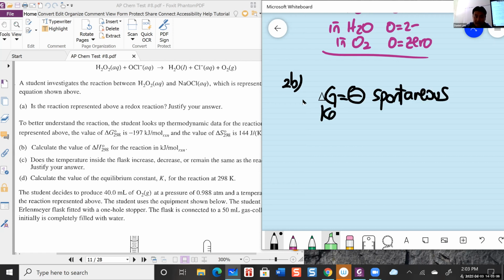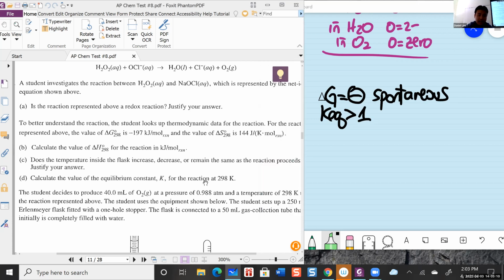And equilibrium constant must be greater than 1, products favored. They always go together. And you also look at this one, delta S is positive, more disorder. And that makes sense because if you look at your reactant, there's 0 gas. And if you look at the product, there's 1 gas. So you're producing gases, creating greater entropy.